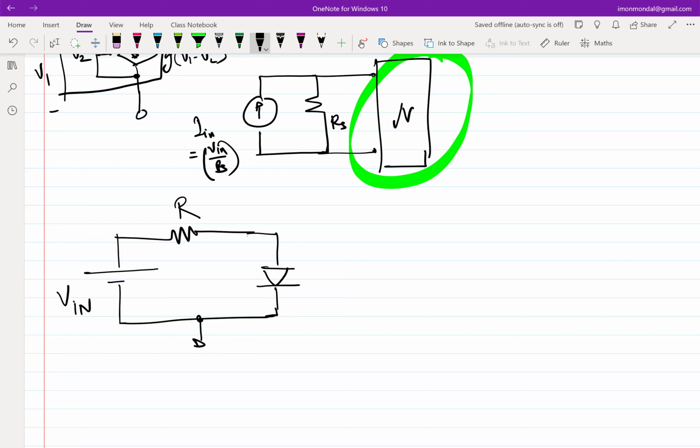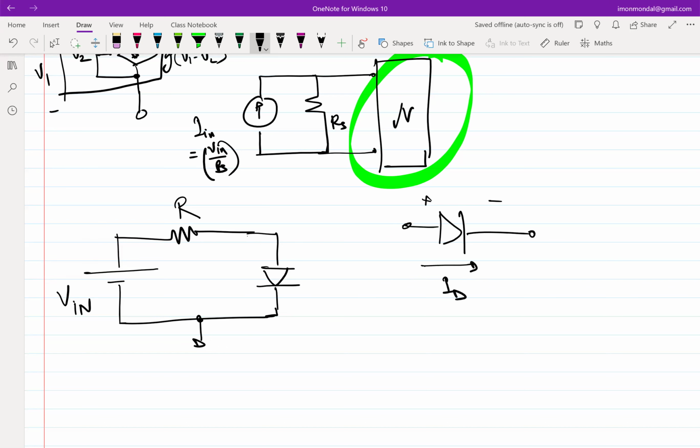Are you familiar with the current equation of the diode? Okay, great. We won't get into how the equation came into being. That is a part for a device course, more specifically E311. Those of you who take it will get to know.